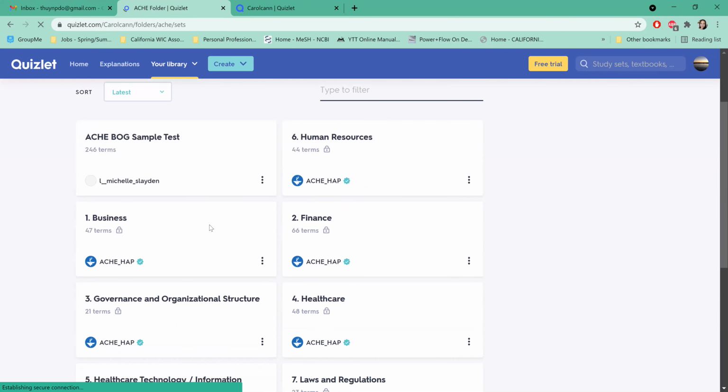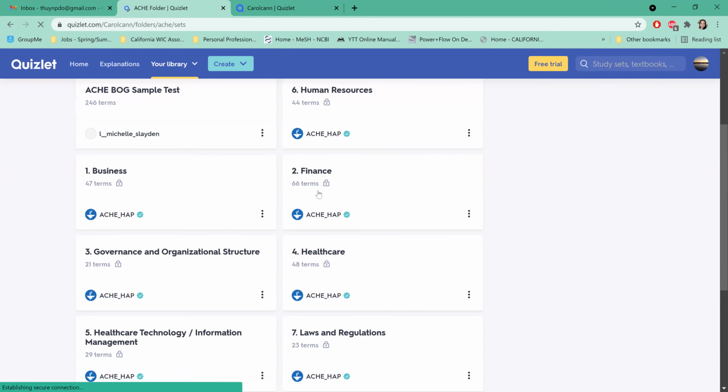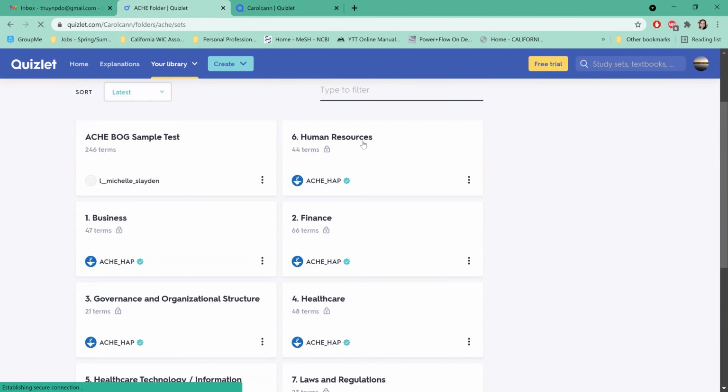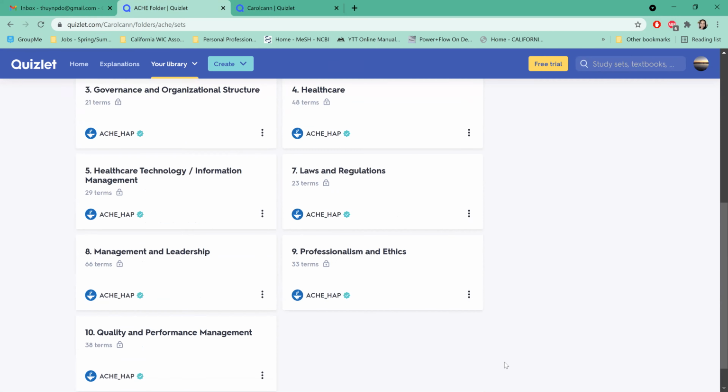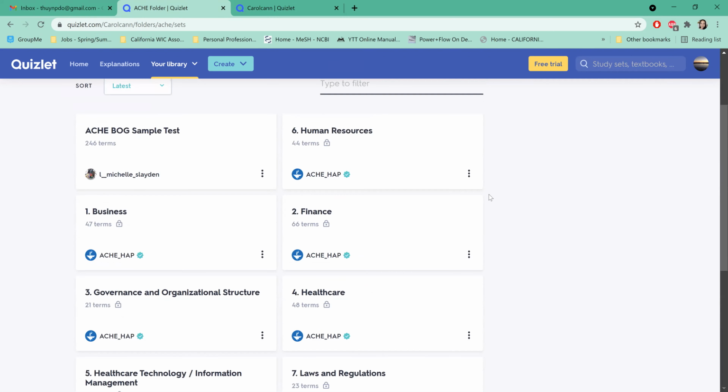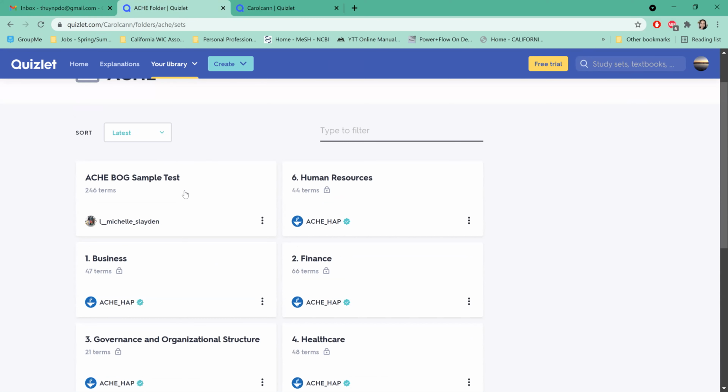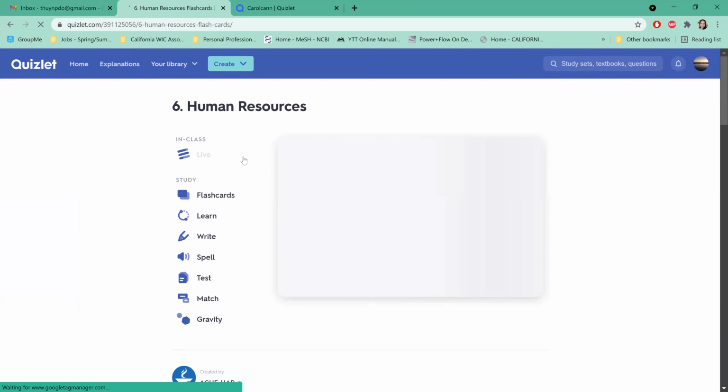Yeah, so it's numbered here, depending on the section. With human resources, it'll be number 6, and as you can tell, there's numerous sets and or subfolders in this area that you can explore. There's also a sample test here, it looks like. But we'll go to HR.